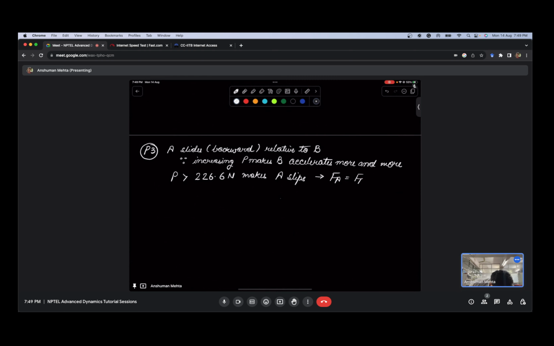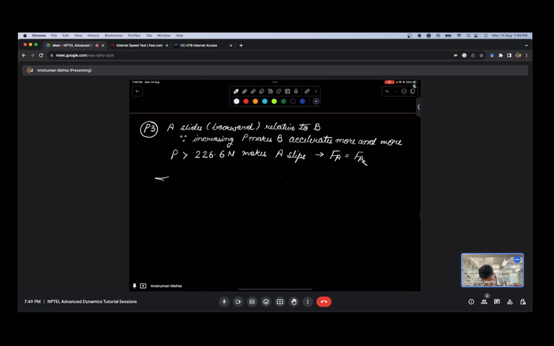So f of A is now f of A kinetic, and this gives us f of A kinetic is equal to 35A, and P minus F A kinetic minus F of B kinetic is equal to 42 AB.